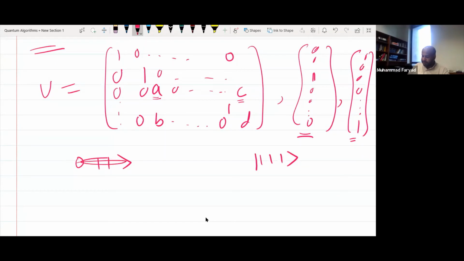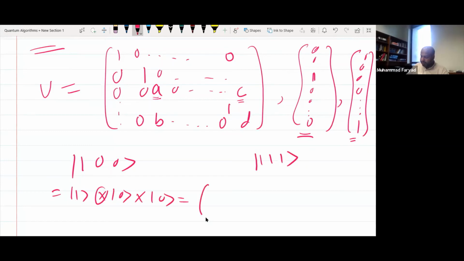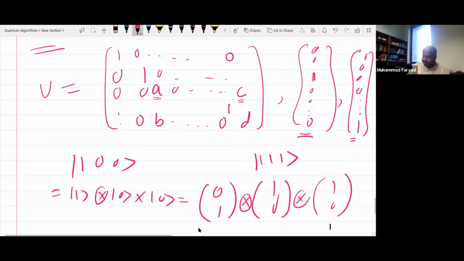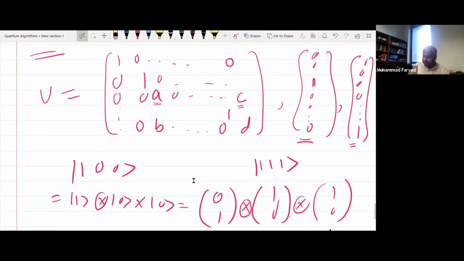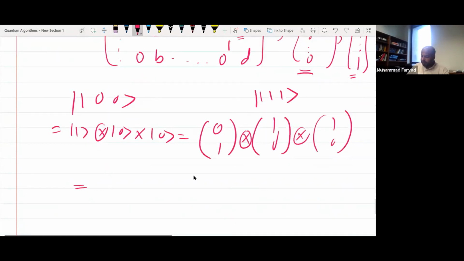No, sorry, it's 1 0 0. Let's just check. This 1 0 0 state is 1 tensor 0 tensor 0. 1 is 0 1, 0 is 1 0, 1 0. So this 0 1 into 1, this 0 into 1 0 will be 0 0.